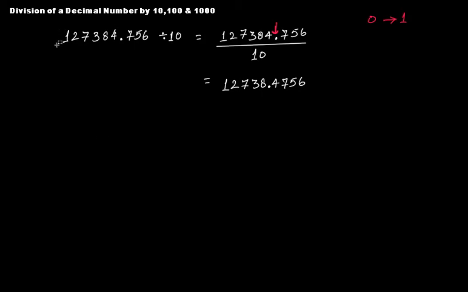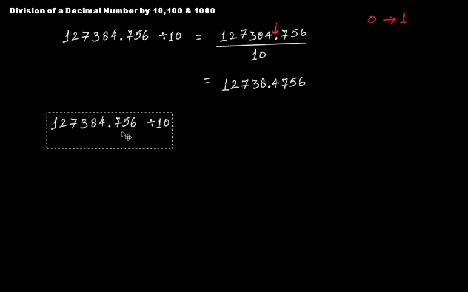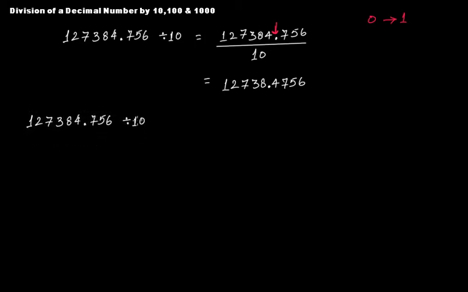Let me copy it, Control-C, Control-V. Now what you have to do is divide this by 100. It means 127,384.756 divided by 100. Your decimal point is here.